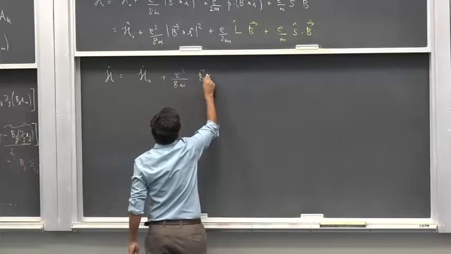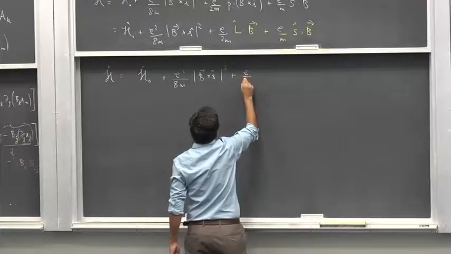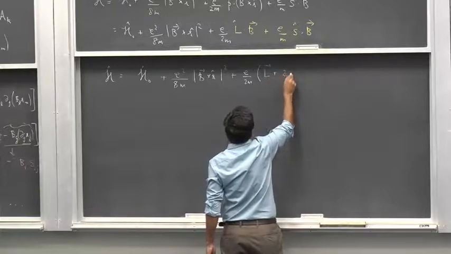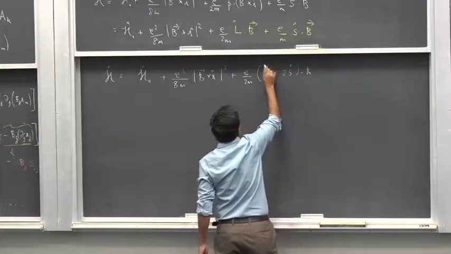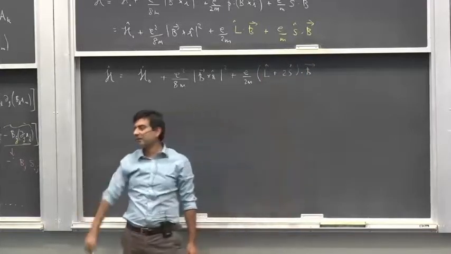B dotted with r modulus squared, plus e over 2m, L plus 2S dotted with B. This is just the g factor for a single spin half particle.